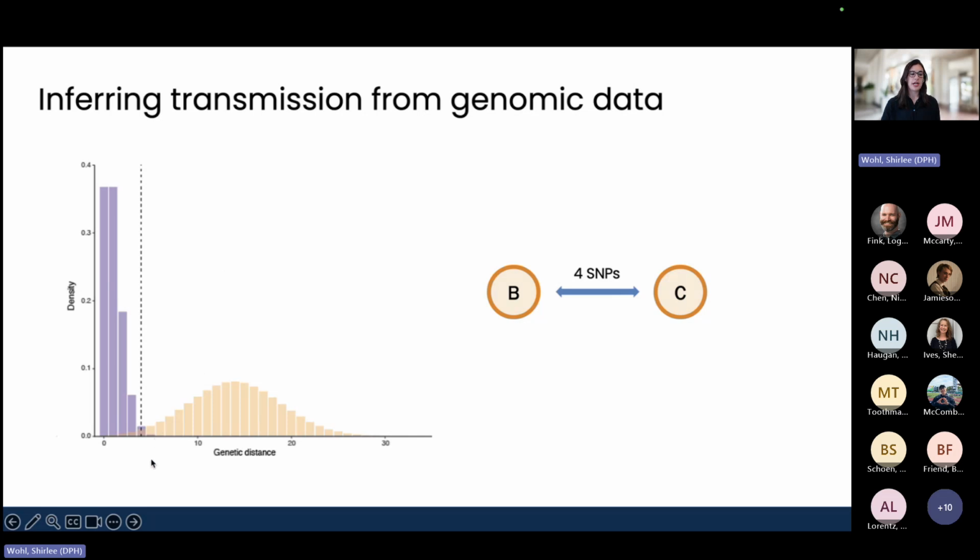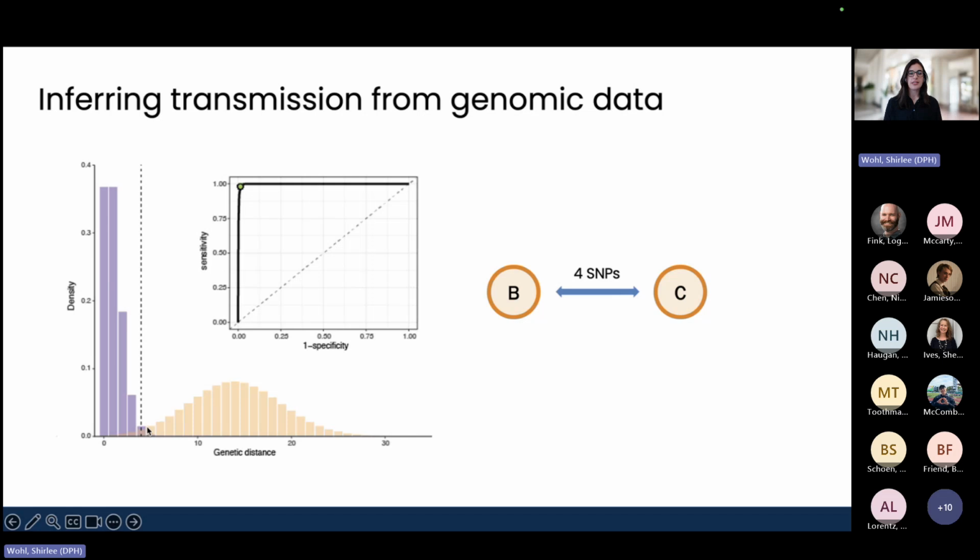So in this example, I am showing a SNP threshold of 4 SNPs. In the light orange is the distribution of unlinked case pairs, and in purple is the distribution of linked case pairs. You could even just visually look at this and say, wow, okay, 4 SNPs really clearly differentiates between these different things.